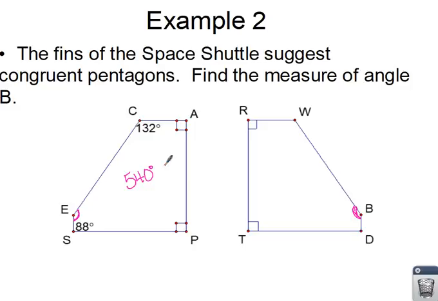So we can take 540 and subtract off all the other angles. So we'll take 540 minus 132, minus 90, minus 90, minus 88, and we have 140 left. That means the measure of angle B also has to be 140. That way our space shuttle will fly straight.